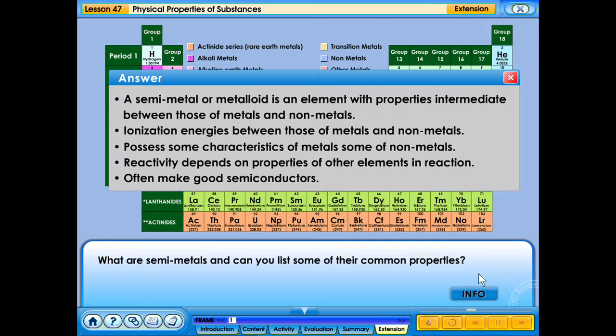Ionization energies between those of metals and non-metals. Possess some characteristics of metals, some of non-metals. Reactivity depends on properties of other elements in reaction. Often makes good semiconductors.